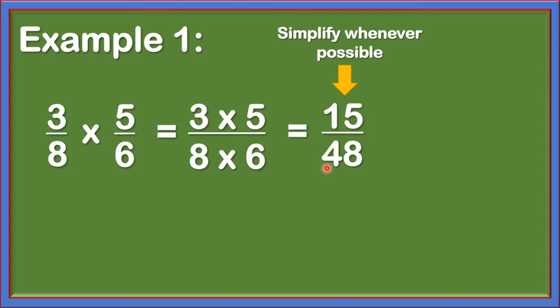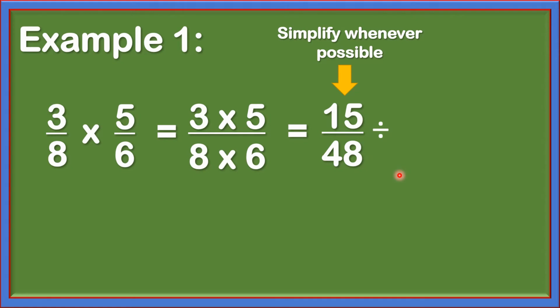Because they are not simplified, we simplify whenever possible. Ano nga ba ang simplification or simplify whenever possible? Meaning, we have to reduce to lowest terms. Ang 15 at saka 48 ay hindi pa nakareduce. So, we will reduce that. Anong gagawin natin?